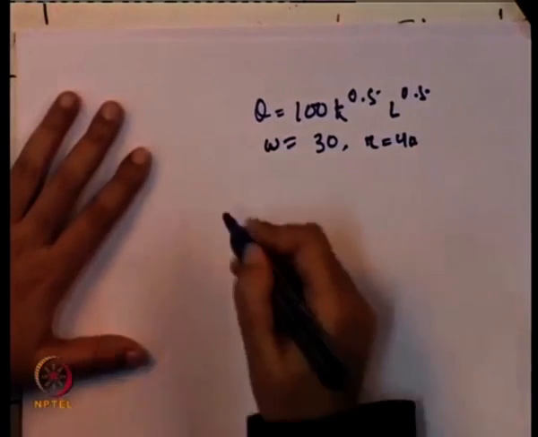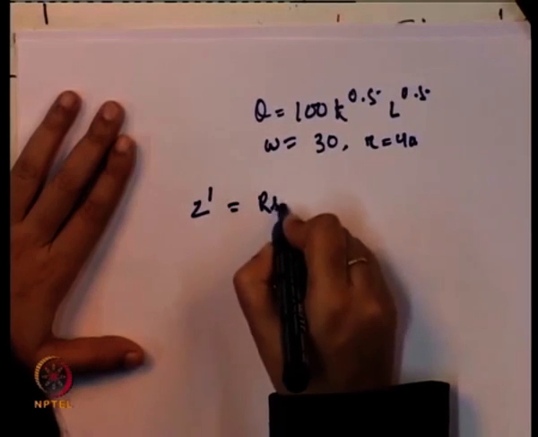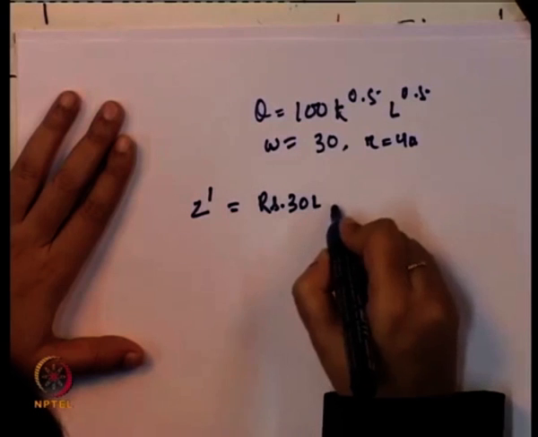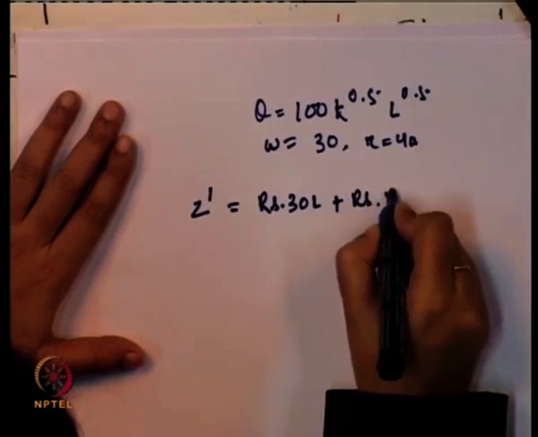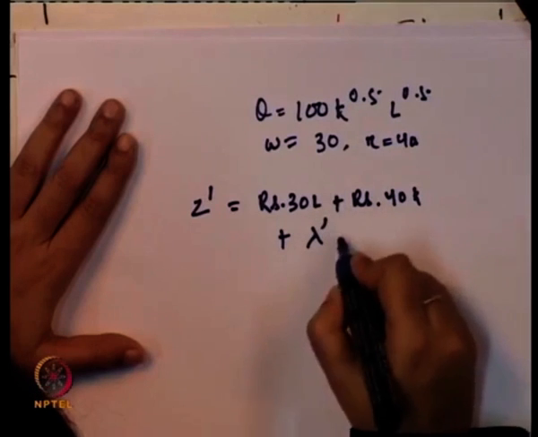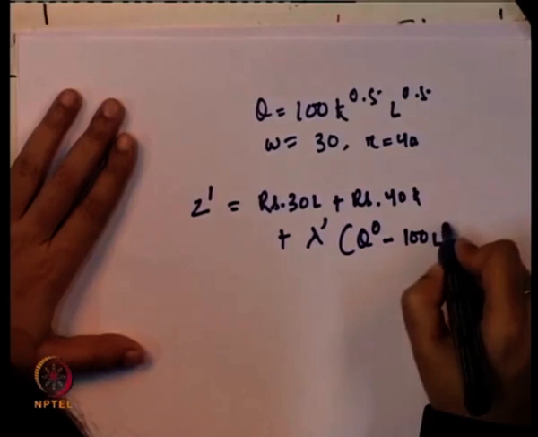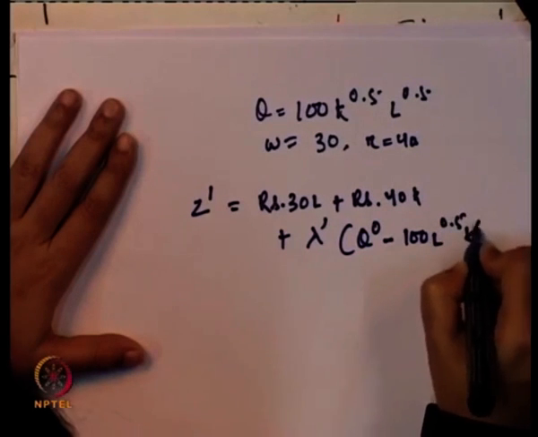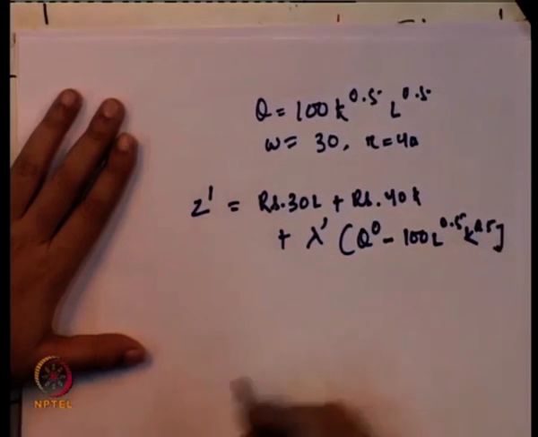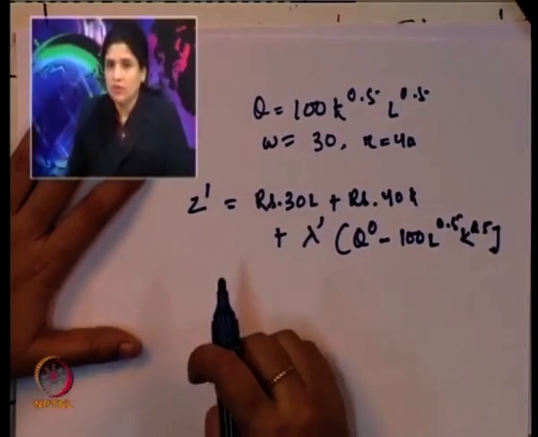First we will try to find the composite function. The composite function is rupees 30 L plus rupees 40 K plus lambda dash times Q0 minus 100 L to the power 0.5 K to the power 0.5. Now, what we need to do is find the first order condition.